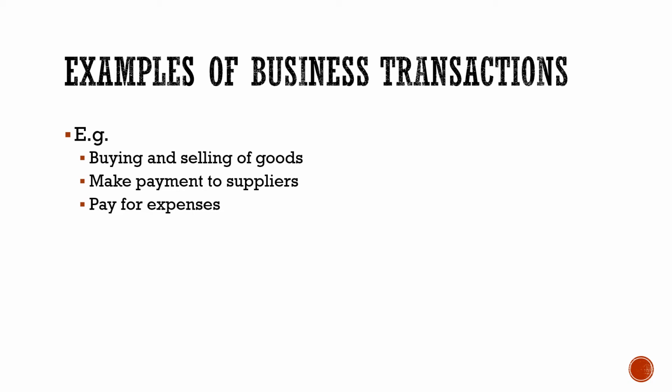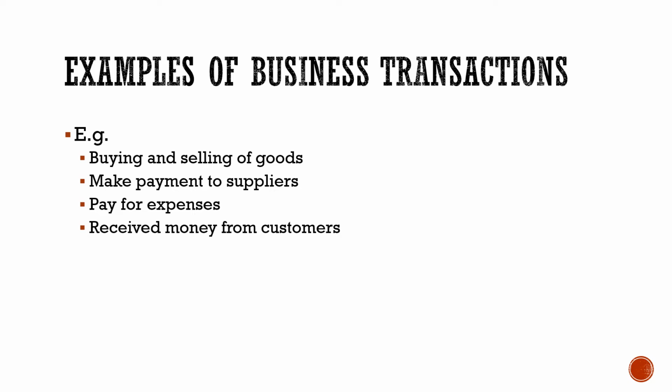Okay. So for a business, for example, you may think of a business like a computer shop. They have to rent the shop, they have to pay for the salaries of the workers, they have to pay for the electricity, the water, the lighting, the insurance. All these are the expenses of a business.